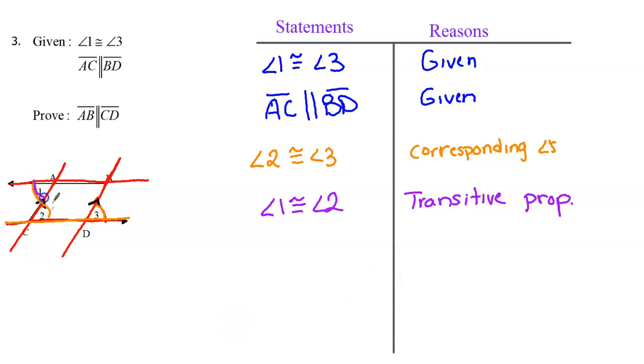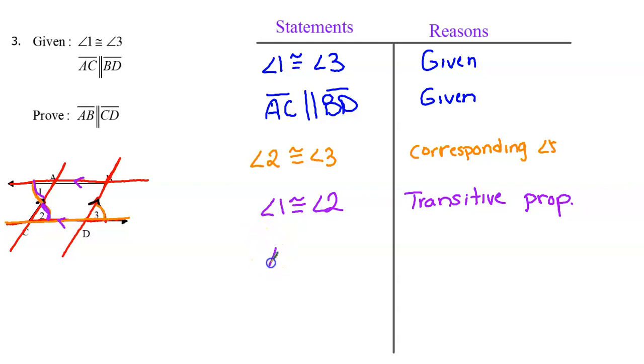Now, if you look at angle 1 and angle 2, and what we're trying to prove is that these lines are parallel to each other, angle 1 and angle 2 are alternate interior angles on those two lines. We just proved that angle 1 is congruent to angle 2, so we just proved that alternate interior angles are congruent on those two lines.